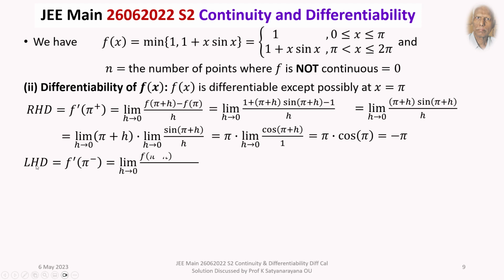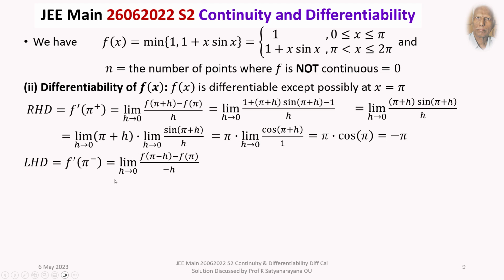And that is pi into minus 1, minus pi, the right hand derivative. We talk about the left hand derivative, f prime of pi minus. Pi minus means from the left. So the limit as h tends to 0, to the left of pi will be pi minus h.